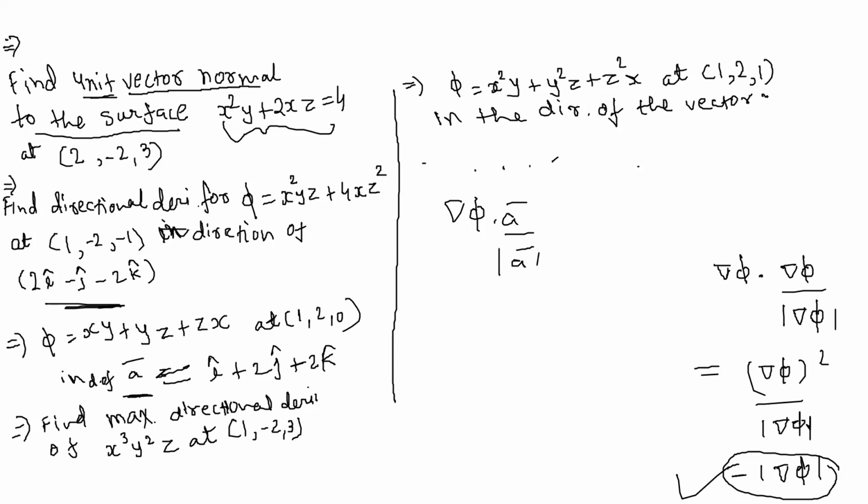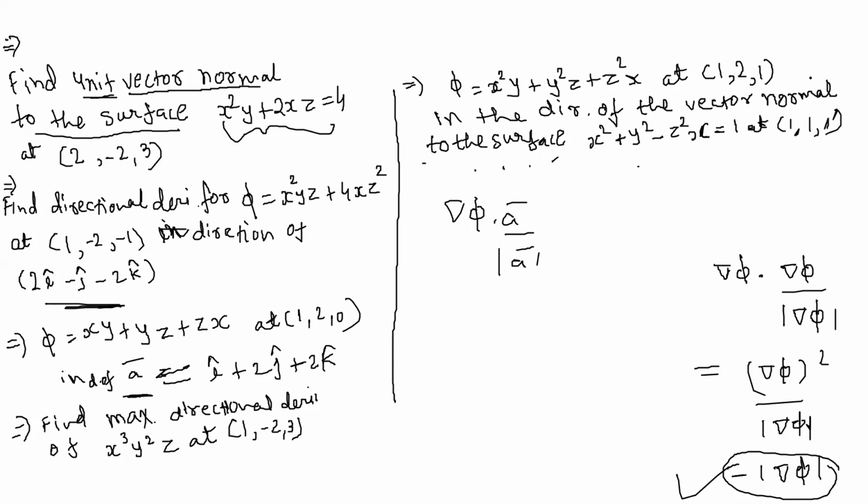Okay, the vector which is normal to the surface x square plus y square minus z square x equal to 1 at 1, 1, 1.